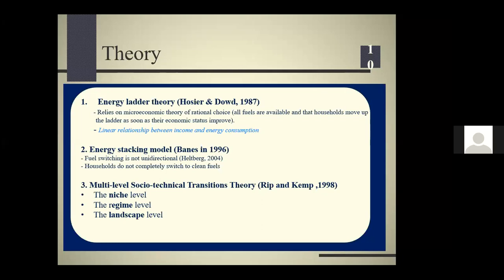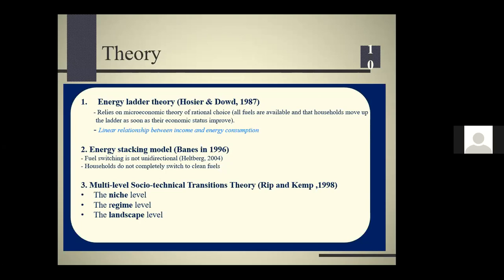We are told that all types of fuel are available, and households are very quick to move to the next cleaner source of energy as soon as their household socioeconomic status improves. And this is what Hosier and Dowd in 1987 tell us.